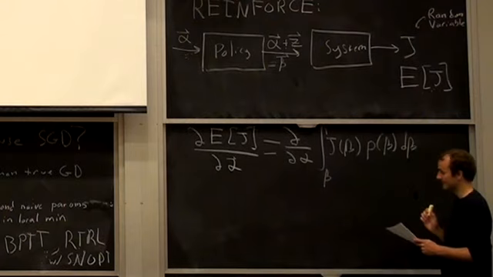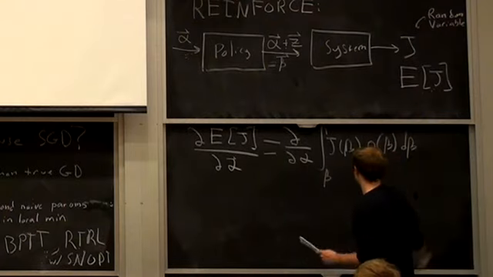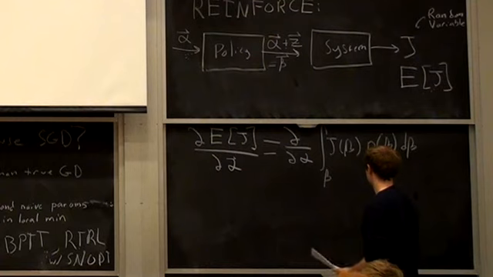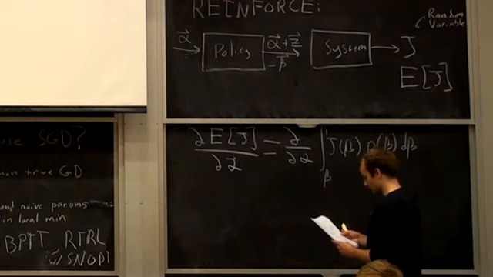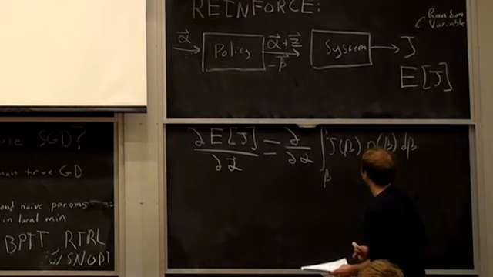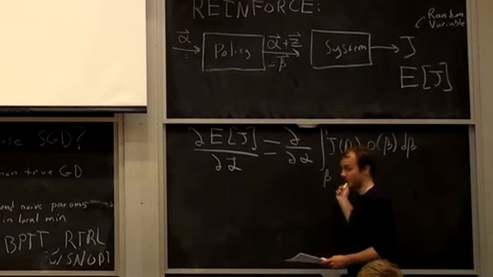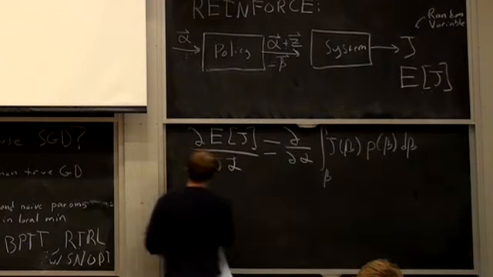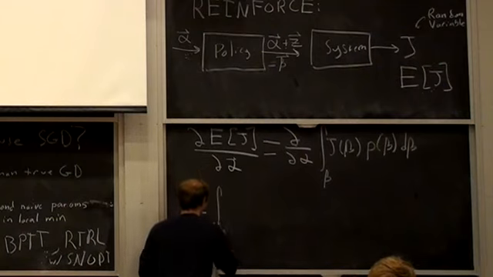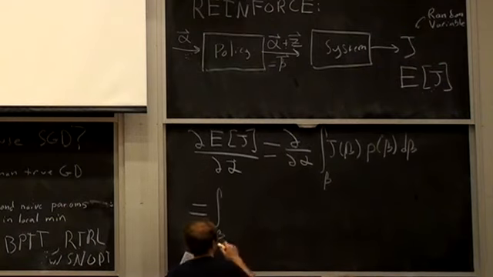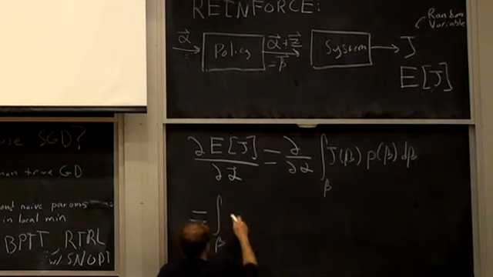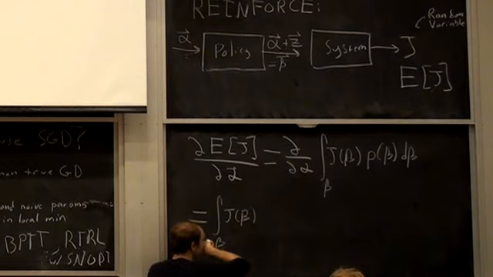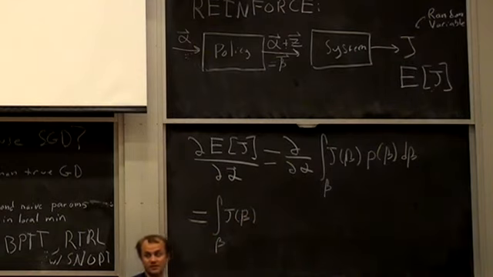Now, if you push d alpha through for a beta, what you're going to find is that J of beta is not a function of alpha.